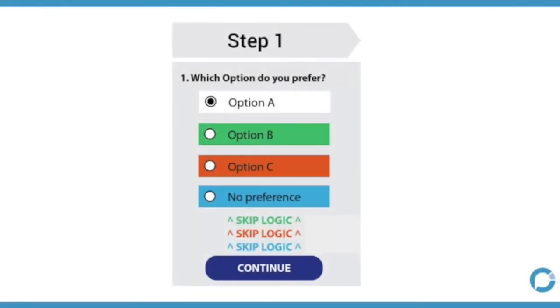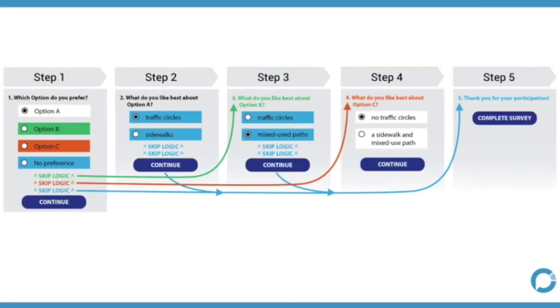In this question with 4 possible answers, there are 3 skip logic rules. In this case, different answer options will take the participant to a different question on a following step based on their response. Here we have 5 different steps, the 5th step being the end of the survey. Each answer is color-coded to match the question they will advance to when they select this answer.